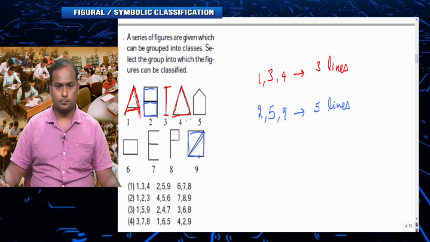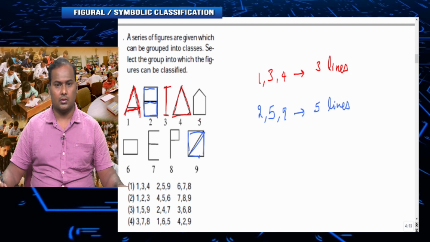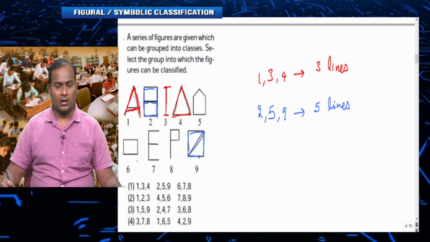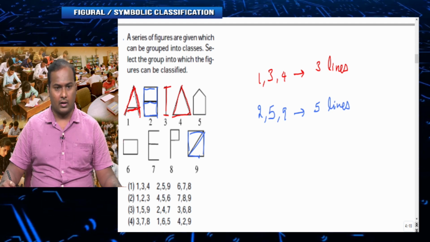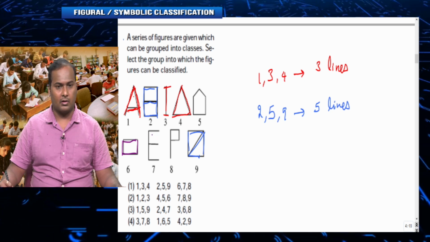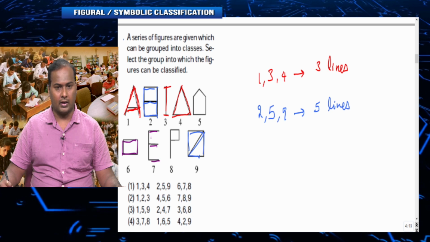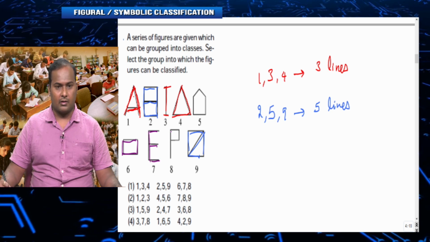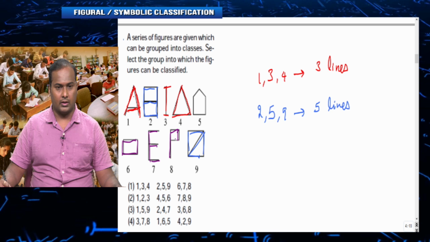And see the next one. We know that 6 is formed with 4 lines, 1, 2, 3, 4. In the same way, E is also formed with 4 lines, 1, 2, 3, 4. P is also formed with 4 lines, 1, 2, 3, 4.